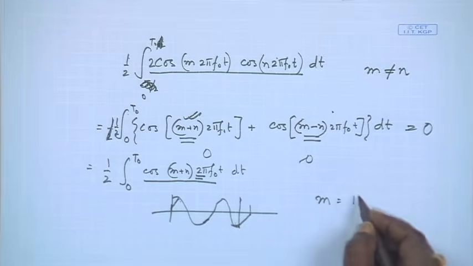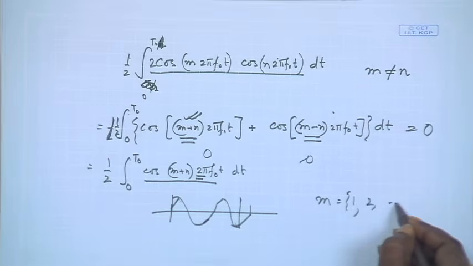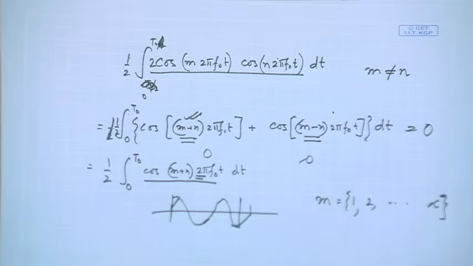So, what we could find in that signal space, in the vector space, if you remember, when we had the 2 dimensional page, we had only 2 orthogonal vectors. Now, we actually have infinite orthogonal vectors, right. Any value of m you put, starting from 1 and going up to infinity, any value m or n you put, as long as m not equal to n, all of them are orthogonal to each other, and these are called the harmonics.